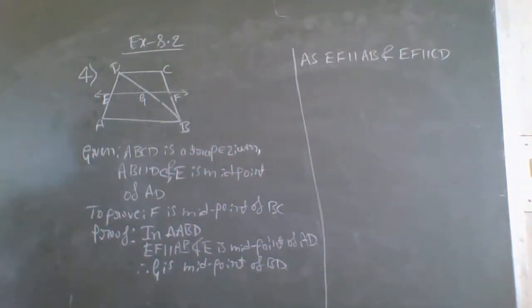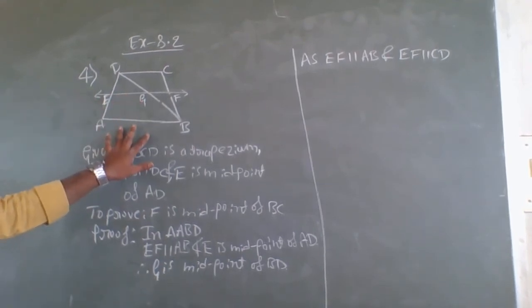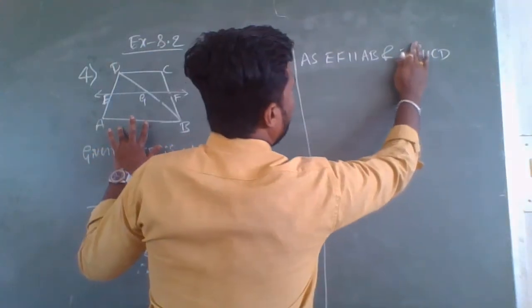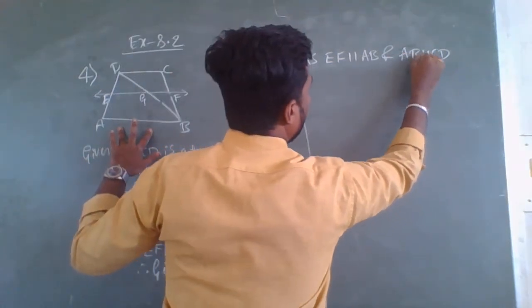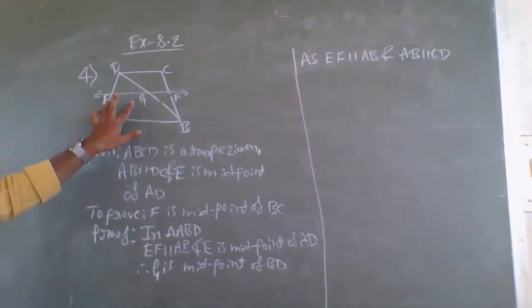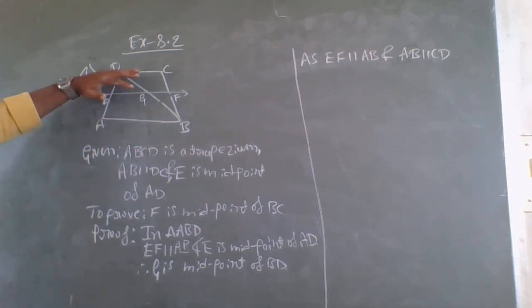They have given that AB is parallel to CD.